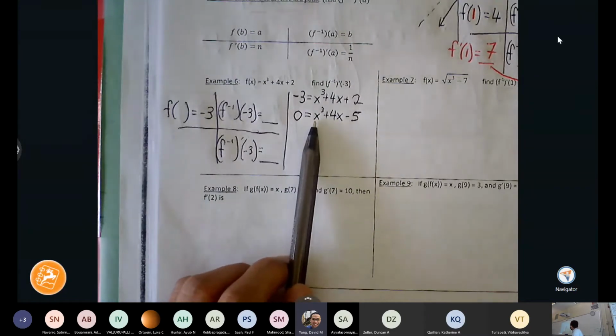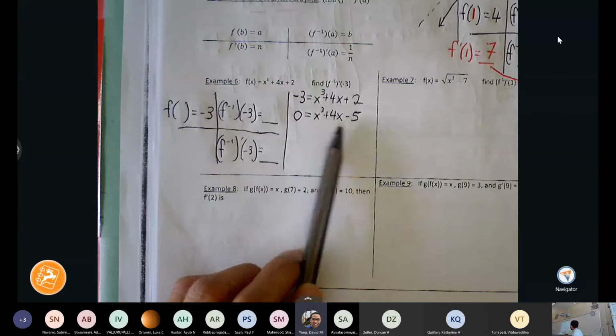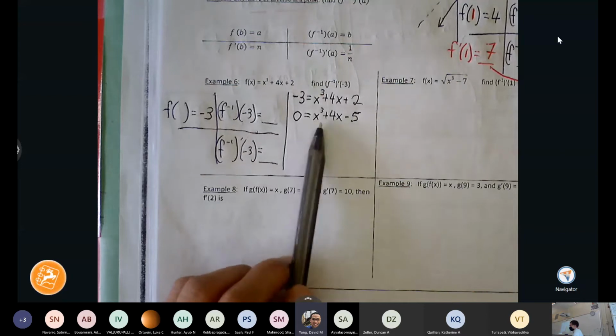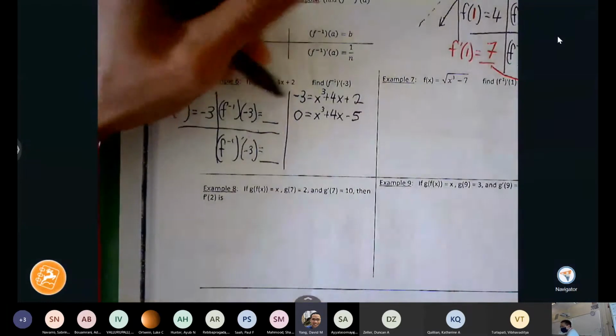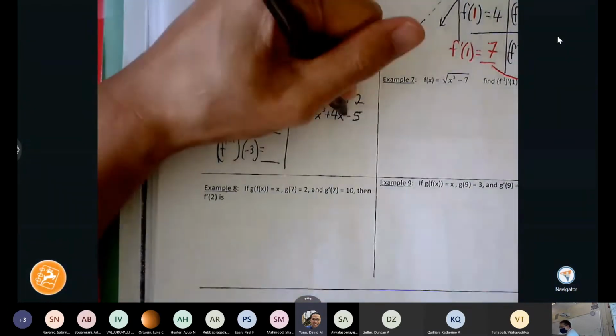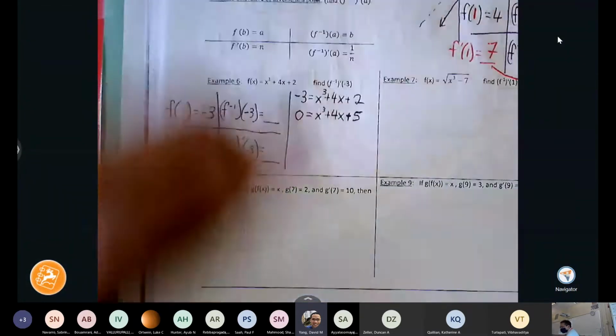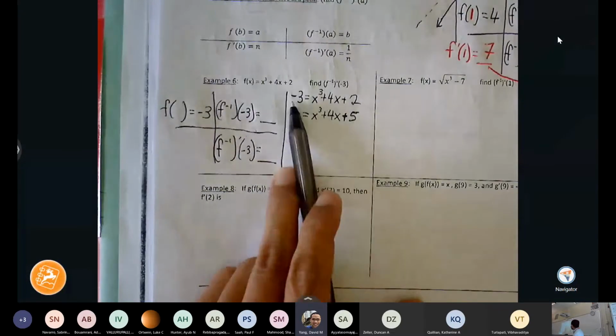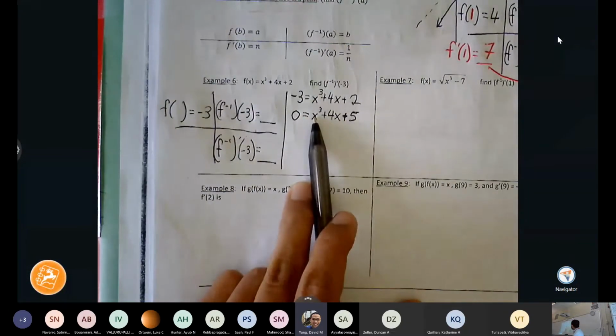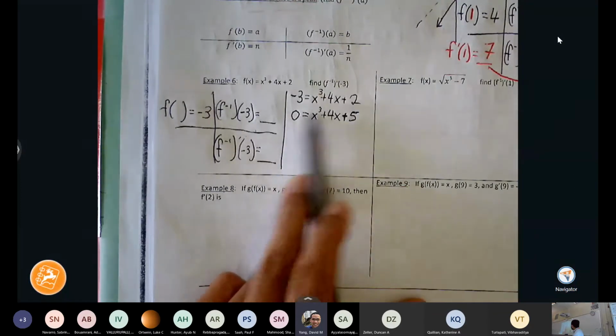So we're just going to go through guess and check here. Does 0 work? 0 plus 0 minus 5, is that equal to 0? No. Okay. How about 1? Oh, I'm sorry. Plus 5. Sorry. I should have added 5 to both sides here. So I added 3 to both sides, make it 5. Okay, so does 1 work? 1 plus 4 plus 5 doesn't equal 0, right? Okay, so we know that's out.